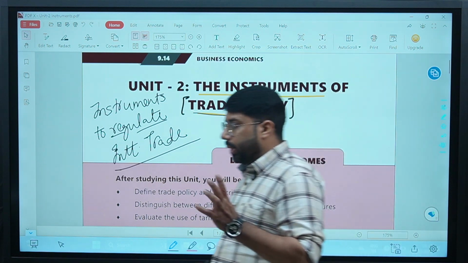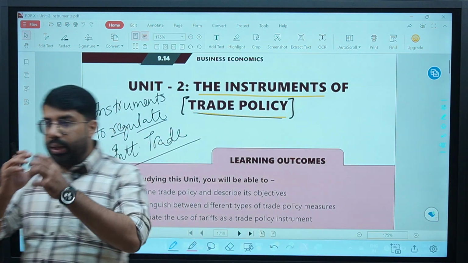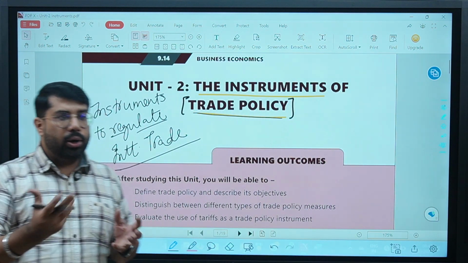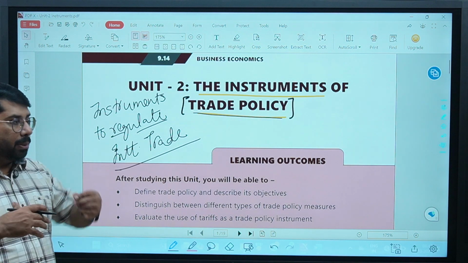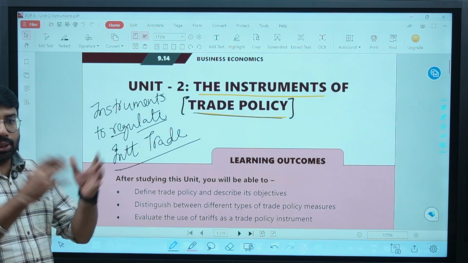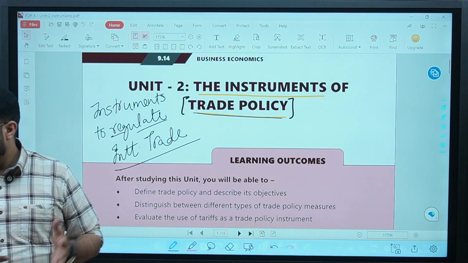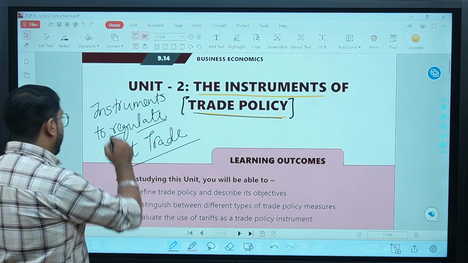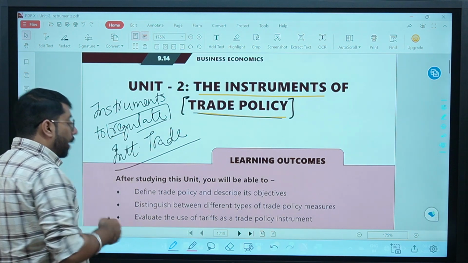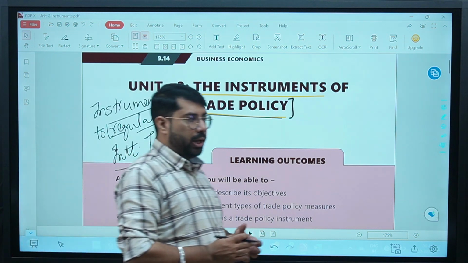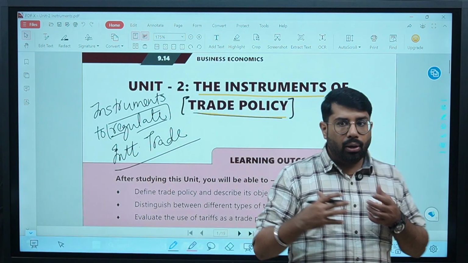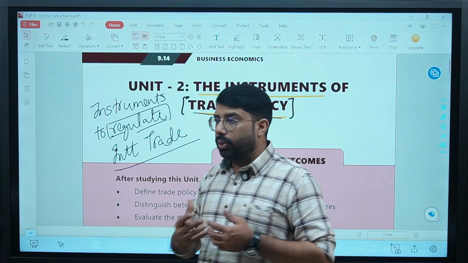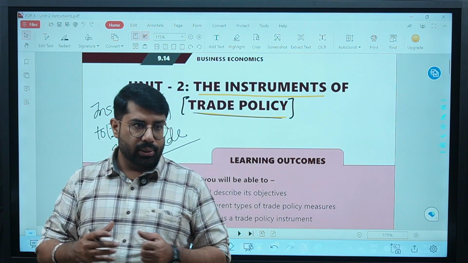Now try and understand there is a difference between controlling and regulating, right? Controlling is like that you are simply telling us how to do the trade, correct? What trade is to be done, how the trade will be done, all these things. But regulation basically means that here we will put some rules and regulations to control the trade, right?